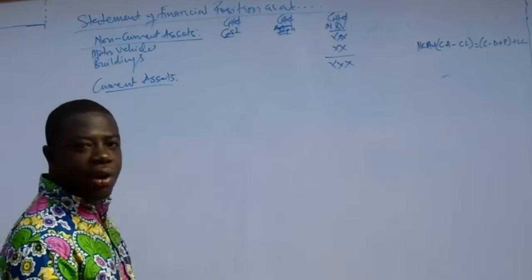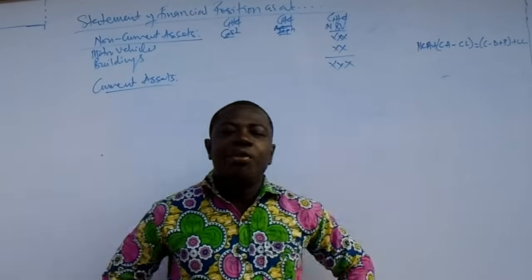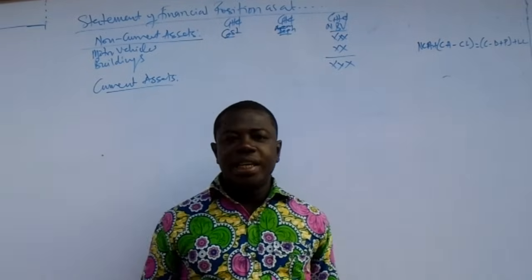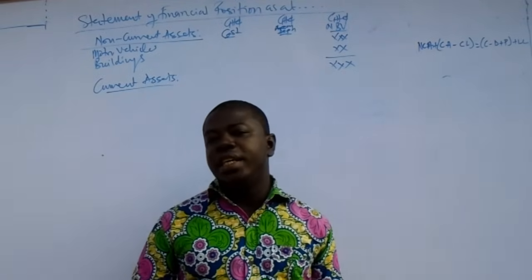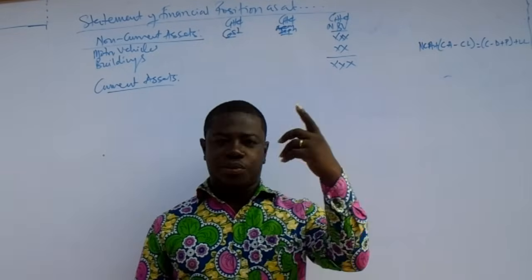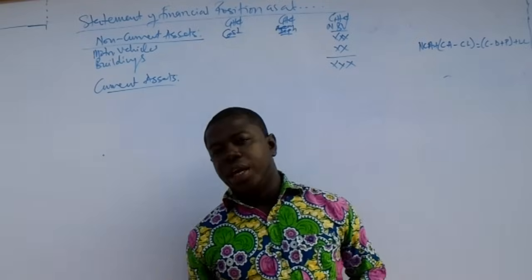When you write your current assets, you begin with the current assets. Current assets are arranged in the order of liquidity. What do I mean by liquidity? In the order of how easily it will be to convert them to cash. When you start with the most liquid, you end with the less liquid. If you start with the less liquid, you end with the most liquid.